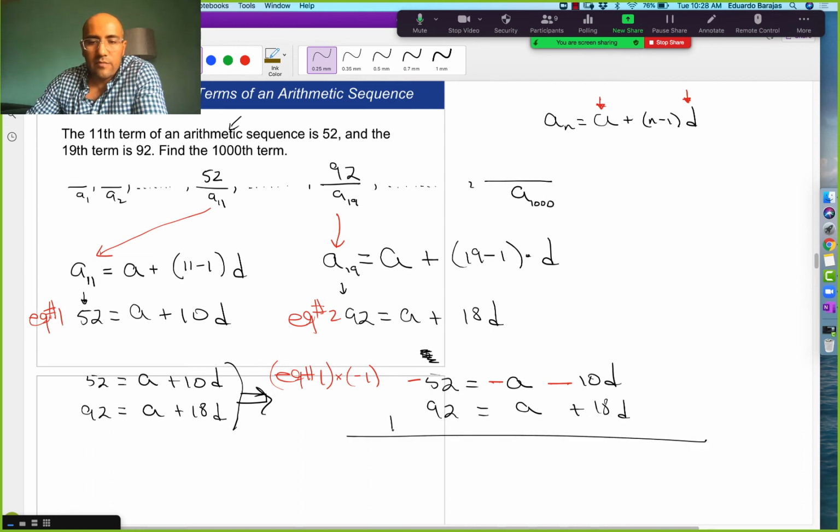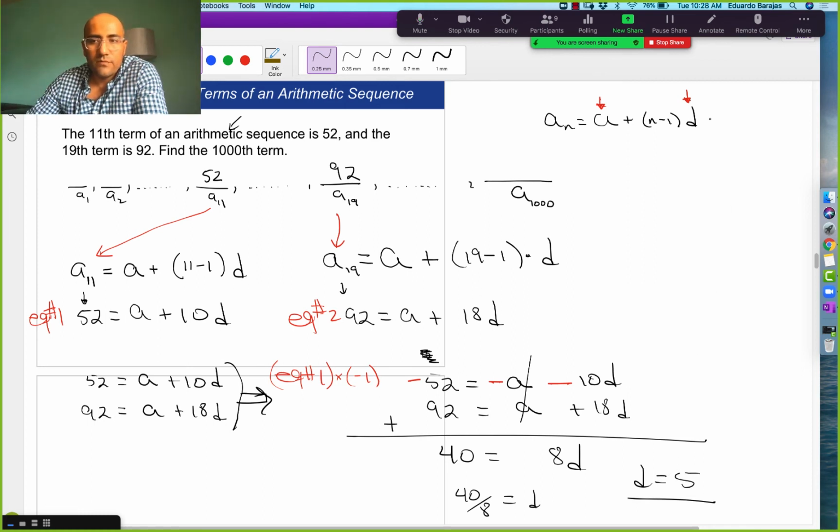Now I'm going to add these. When I add them, this gives me 40 equals, these cancel, 8D. Now I can divide both sides by 8, and 40 divided by 8 equals D. So the common difference D equals 5.